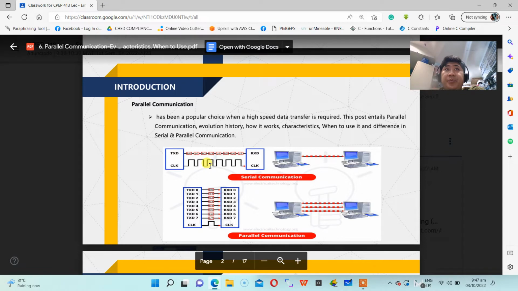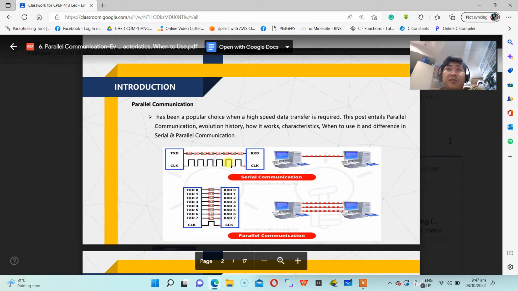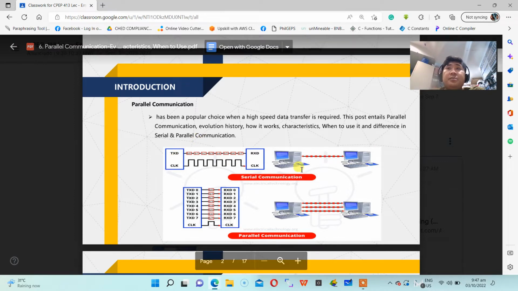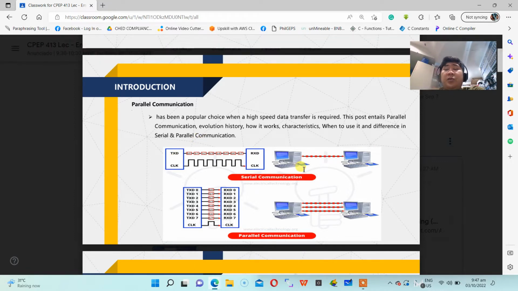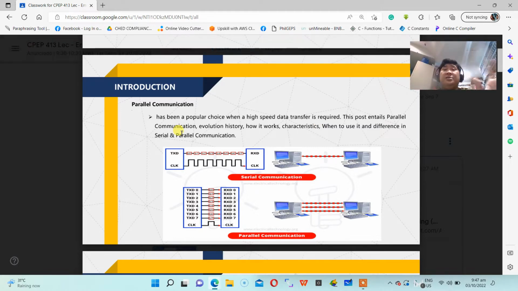But since we'll be using new controllers, we need to discover how to process serial communications and parallel communications in that controller. In this case, it will be referring to the interfacing of your devices. Meaning, from one device, you need to transmit data that will be received by another device.